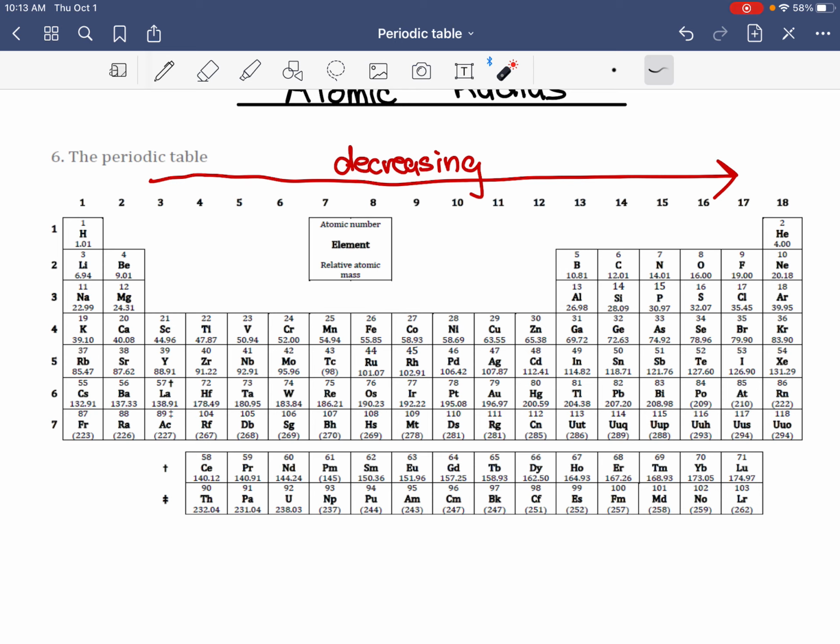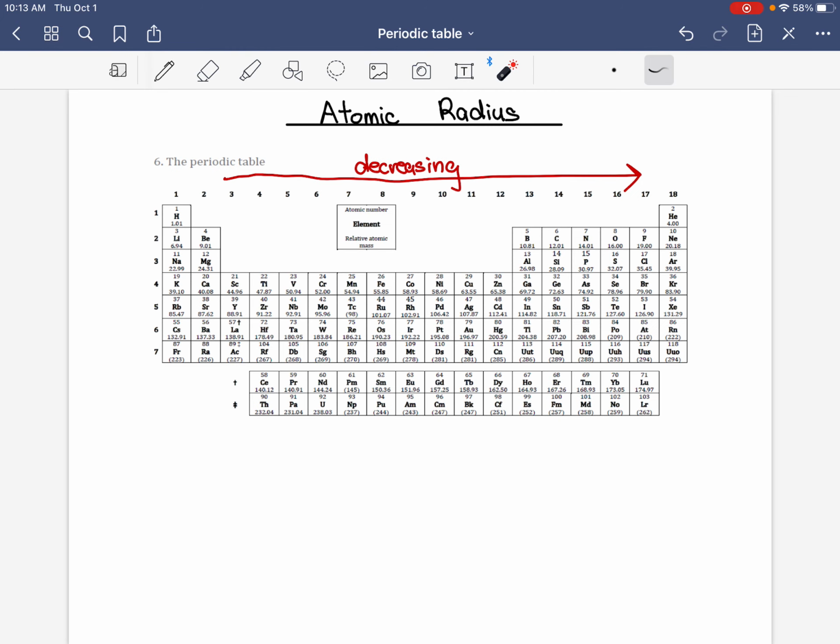You may be thinking, but helium has more mass, more protons. Shouldn't it be bigger? Well, this is the part where we're going to have to look at the Bohr model of the atom to determine, along with some other attributes. So let's take a look at the other trend. Going down the group, it's not surprising that it is going to be increasing.